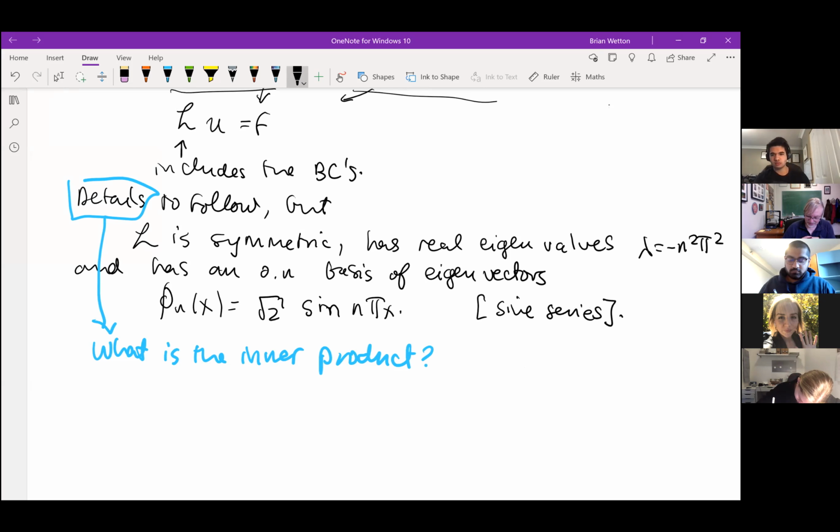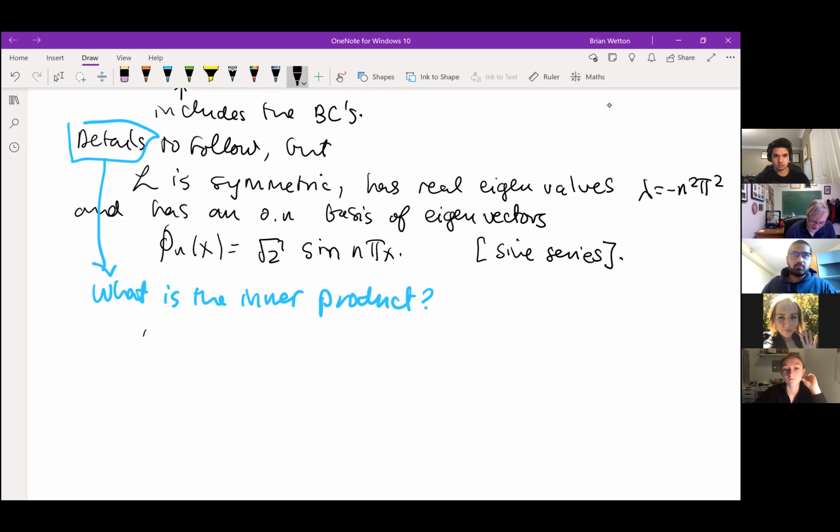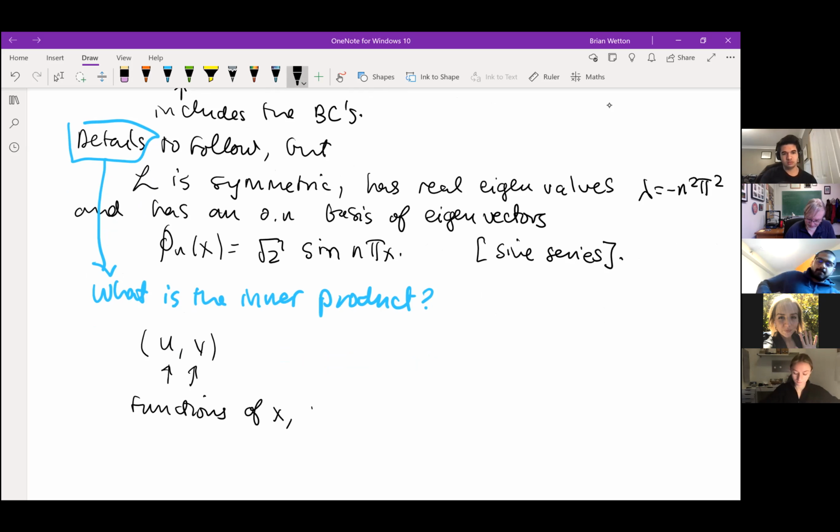It's also going to let me verify the orthonormality condition. Okay, so here is the inner product that's going to be used: the inner product of u and v. You notice these don't have underbars anymore, so they're not vectors. These are functions of x with x in the interval 0 to 1.